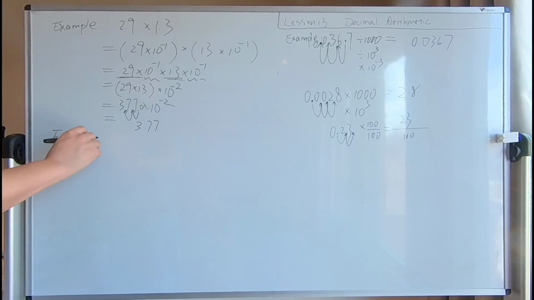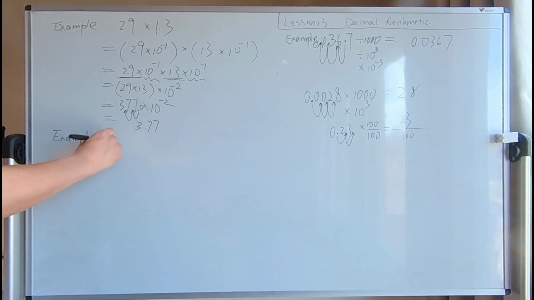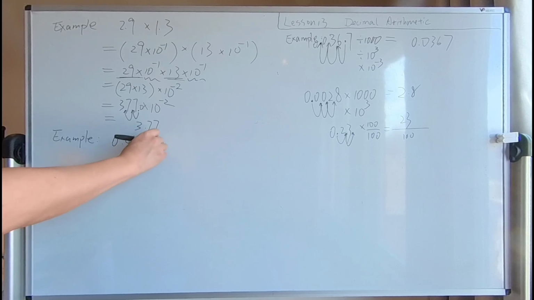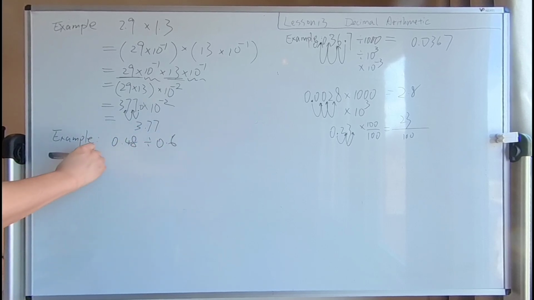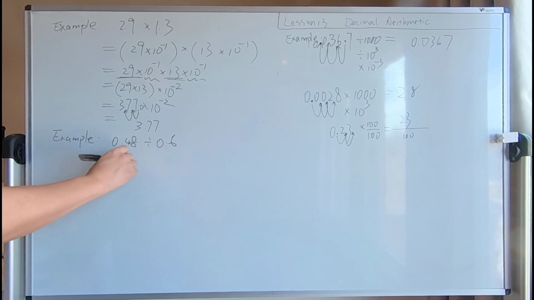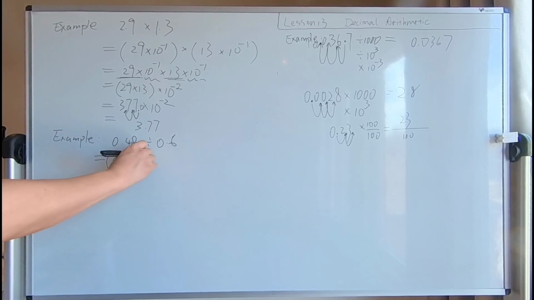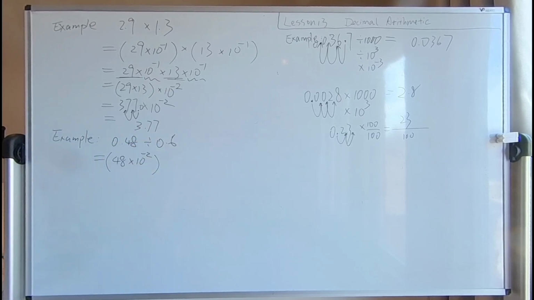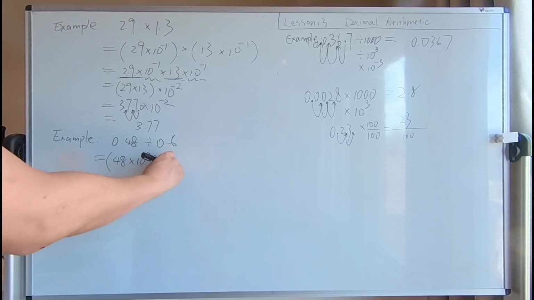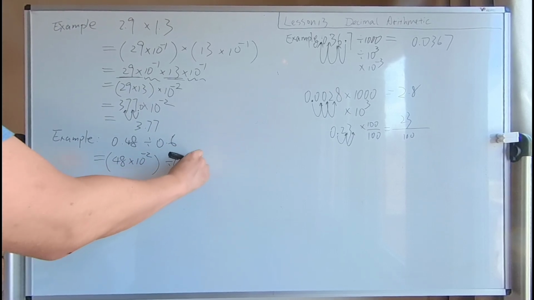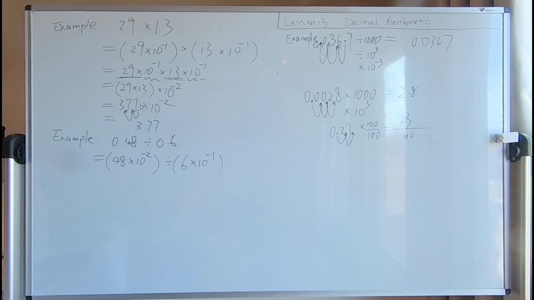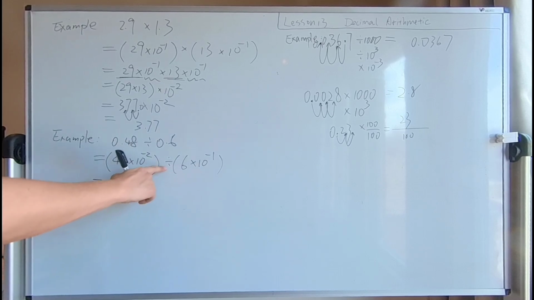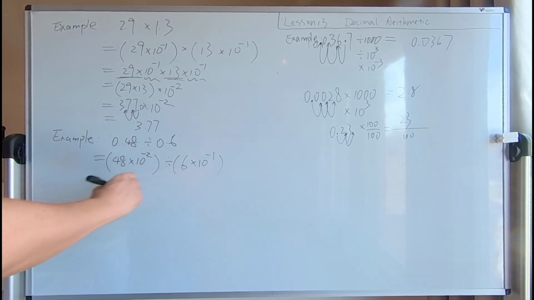We can do the same thing for division. If I have 0.48 divided by 0.6, it can first be written as 48 times 10 to the power of minus 2 divided by 6 times 10 to the power of minus 1. This time be careful because it's dividing, right?